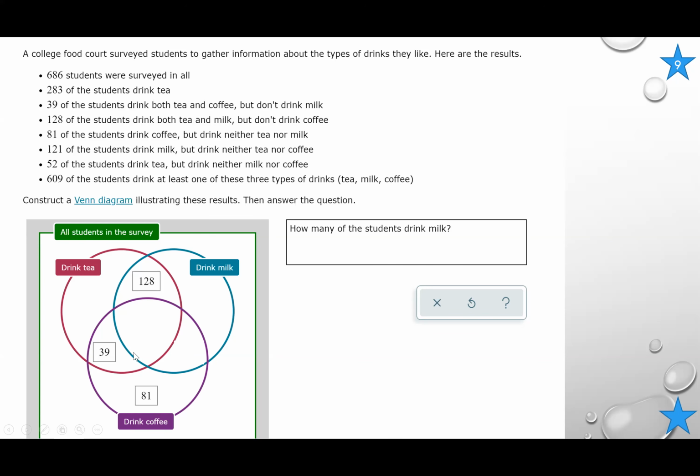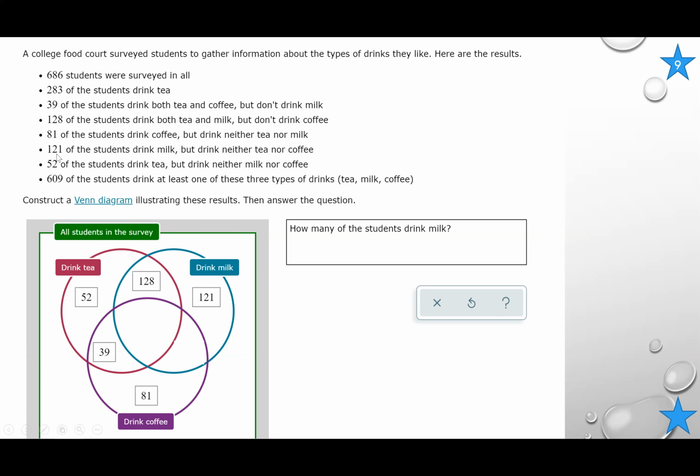Do you agree that 81 drink coffee, but neither milk nor tea, meaning it is outside of the milk circle and outside of the tea circle? 81 is drinking coffee. 121 drink milk, but neither of the other two, which is how many people drink milk only, which is 121. And 52 drink tea, but neither milk nor coffee. So looking at this, do you agree that that is what we have so far? 39, 128, 81, 121, 52.